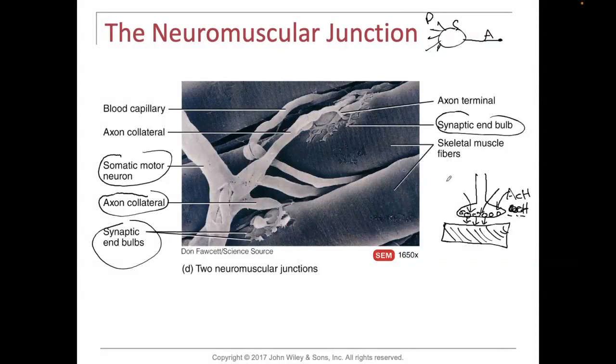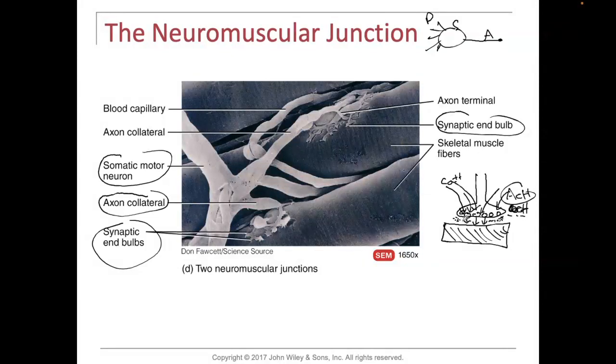And what we have happening is that calcium, which hangs out here, has to influx inward. Calcium moves inward, which ends up being a messenger that tells the acetylcholine to open up and to release its contents in this space.